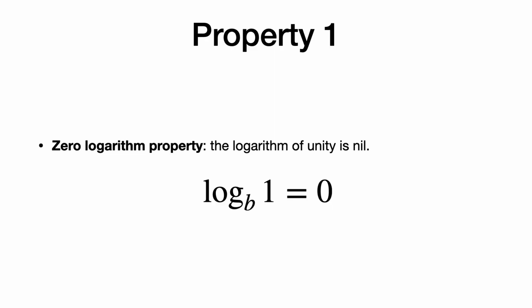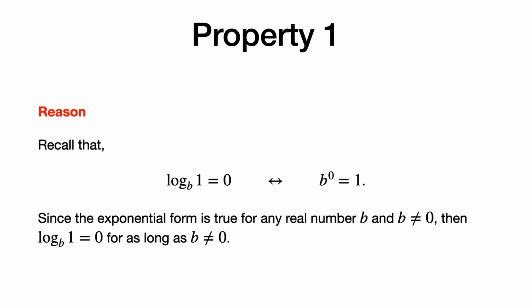The first property of logarithm is called the zero logarithm property. It says that the logarithm of unity is nil. The reason behind this property is quite easy to follow. Recall that when you write the logarithm of 1 to the base b is equal to 0, in exponential form, that is b raised to 0 is equal to 1.